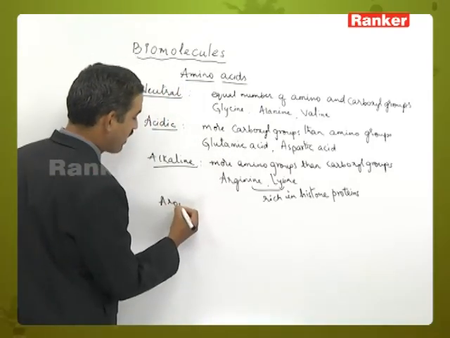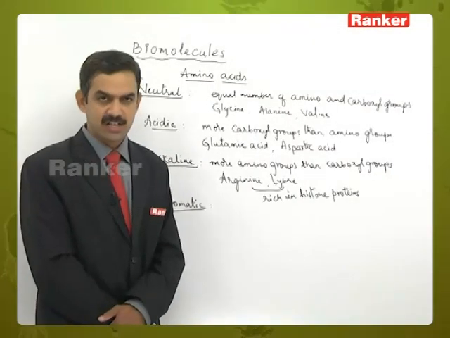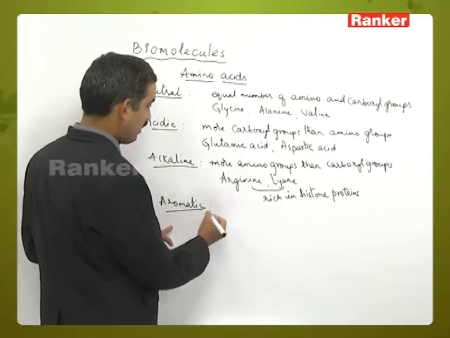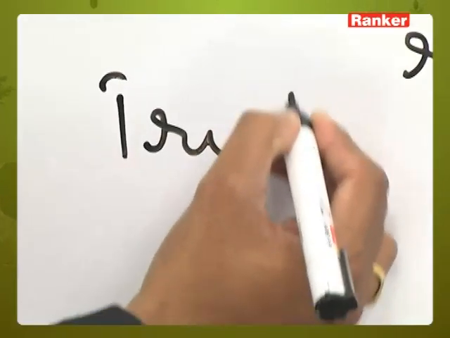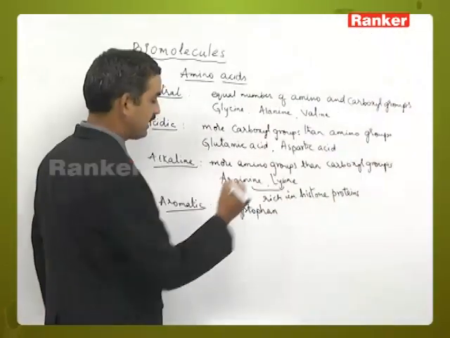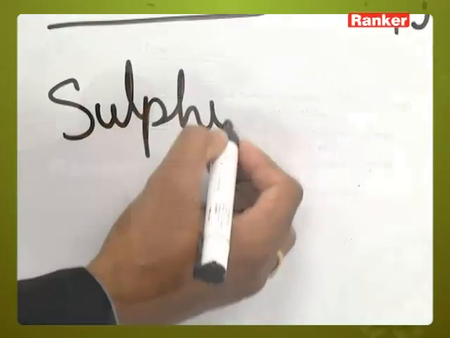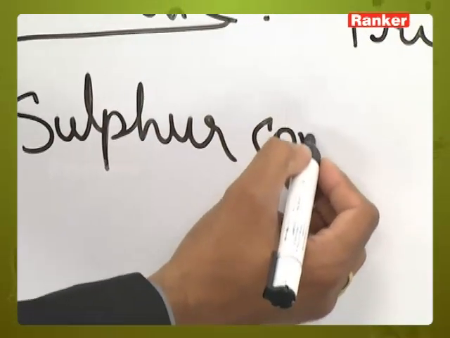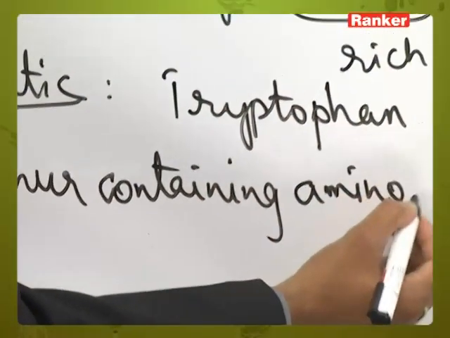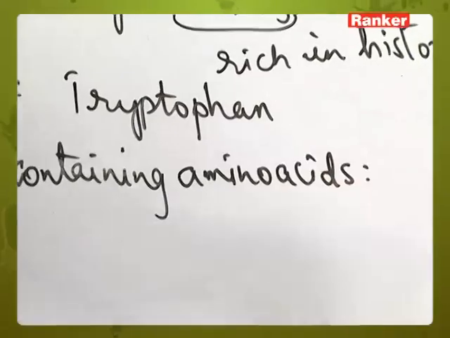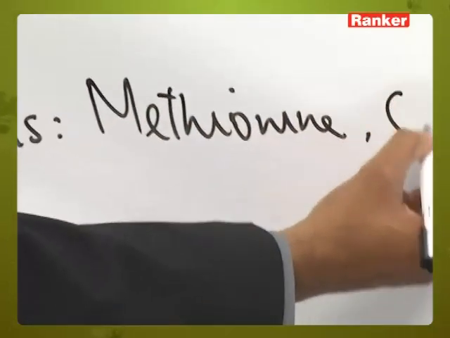Then aromatic amino acids. Aromatic means which contains a ring structure. Such amino acids are called aromatic amino acids, like tryptophan is one example. Then there are some amino acids which contain sulfur, sulfur containing amino acids, like methionine and cysteine.